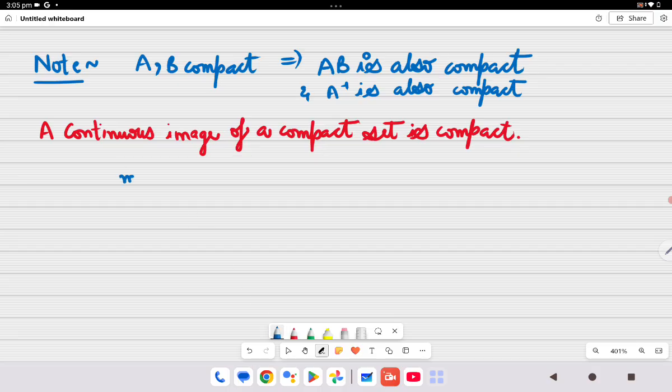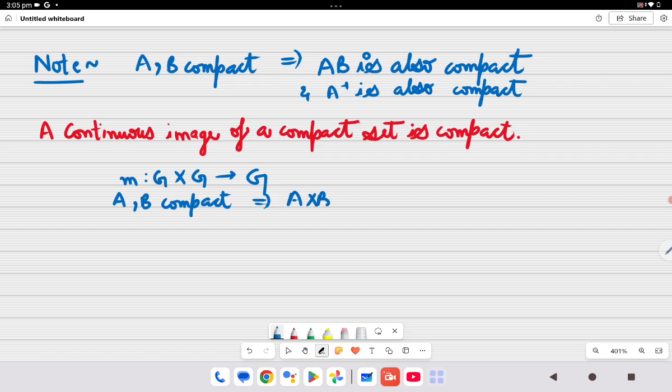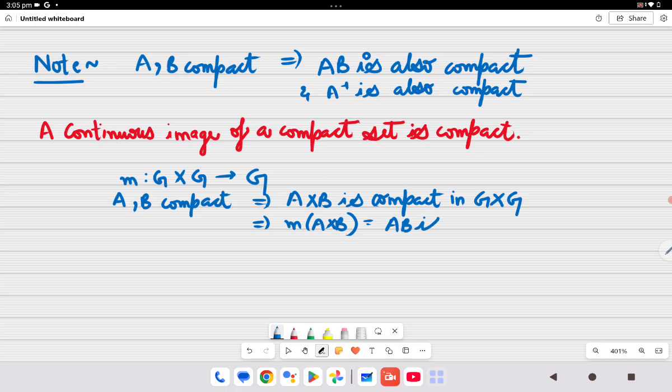Because we know the multiplication map, which is a map from G cross G, is continuous, and if I pick A and B to be compact, then we know that A cross B in the product topology is compact, where this is in G cross G. So M of A cross B, which is AB, is compact in G.